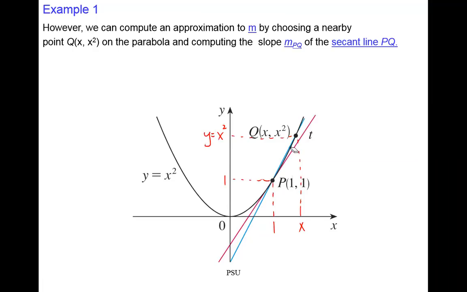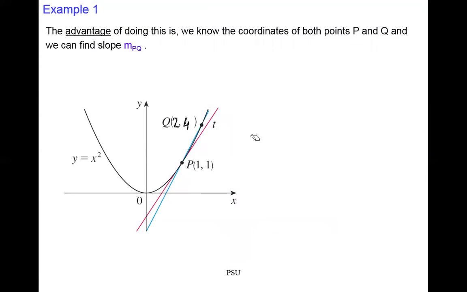And then I connect these 2 points, blue line, secant line. Easy to find a secant. But instead of x and x squared, I think I pick 2. Let's use that slide. Again, 1, 1, and then the corresponding value for 2 is 2 squared, 4.